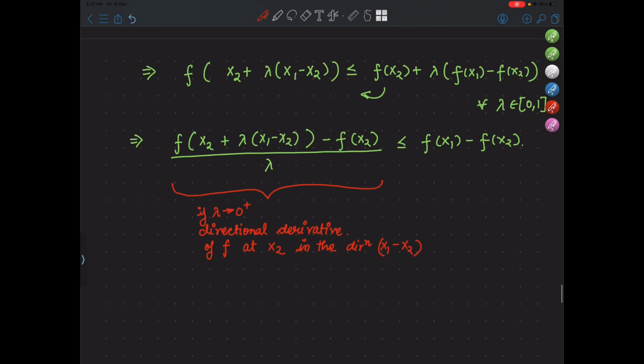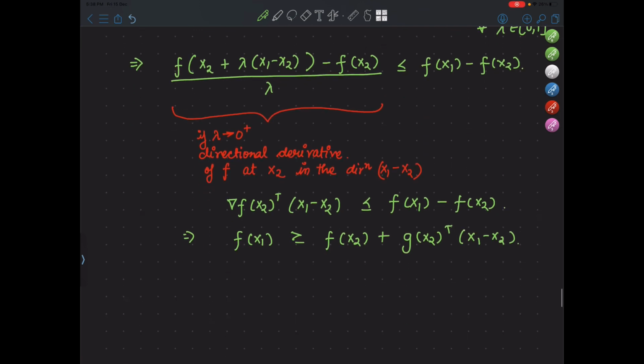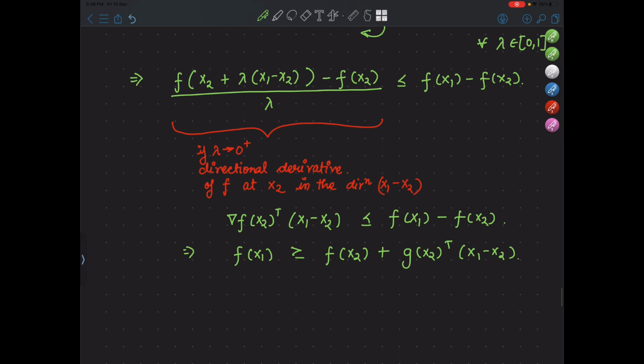Which means it can be written as gradient f(x2) transpose (x1 minus x2) less than or equal to f(x1) minus f(x2). So which means f(x1) is greater than or equal to f(x2) plus g(x2) transpose (x1 minus x2). So which proves our first assumption that if f is convex, then this inequality holds, correct?